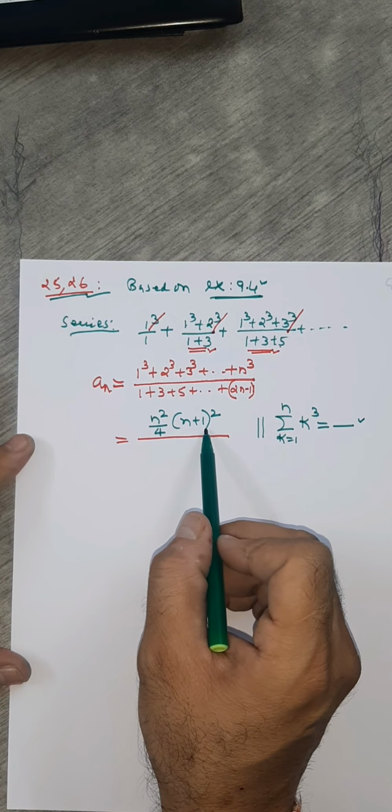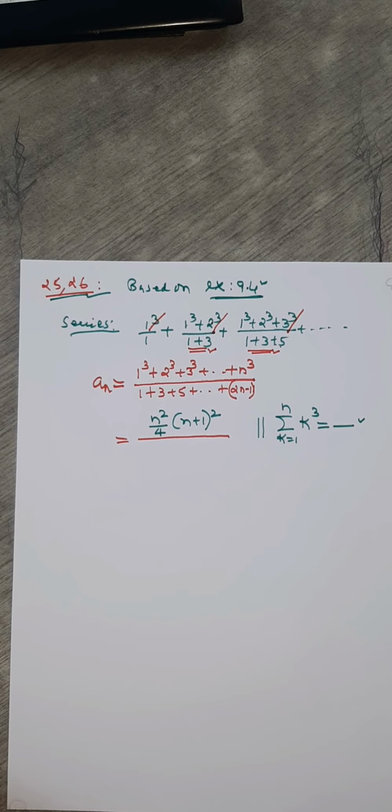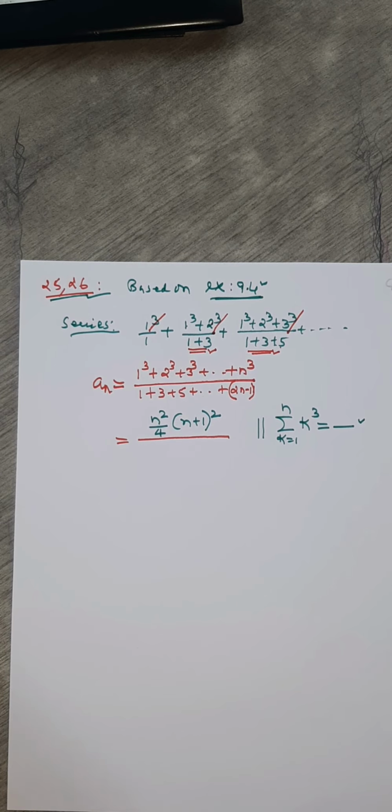What is the denominator? This is nothing but which progression? You can notice very easily it is an arithmetic progression. How many terms do you want to add? n terms. The first term a is 1.